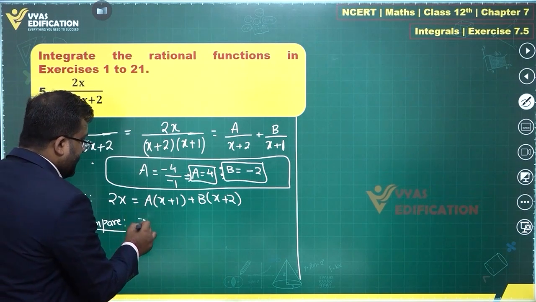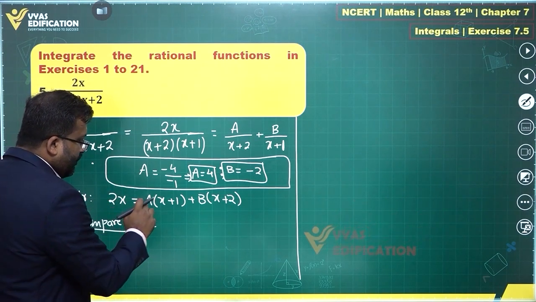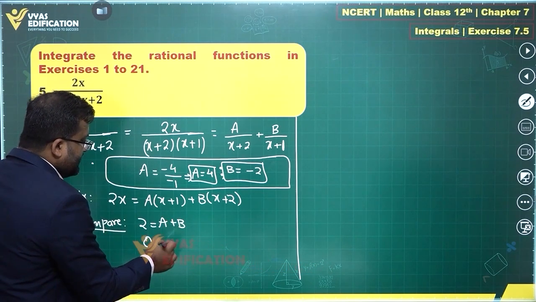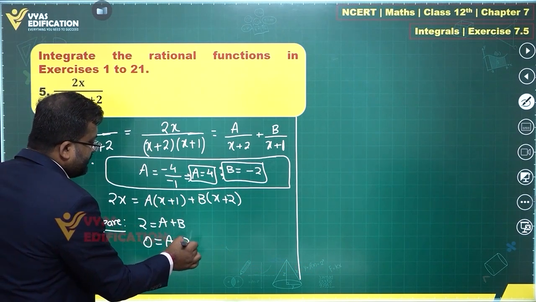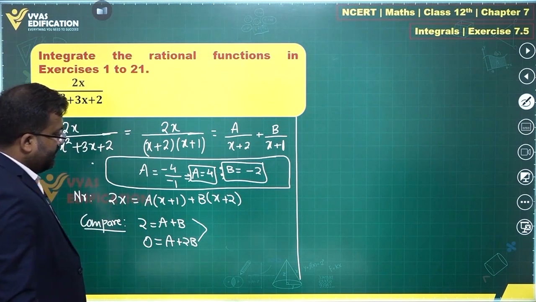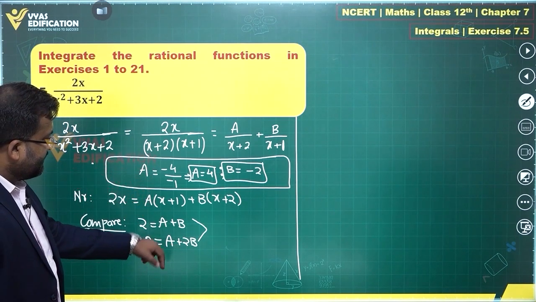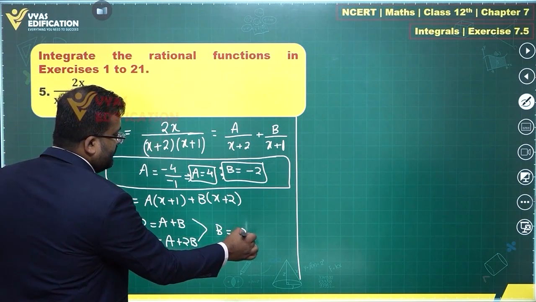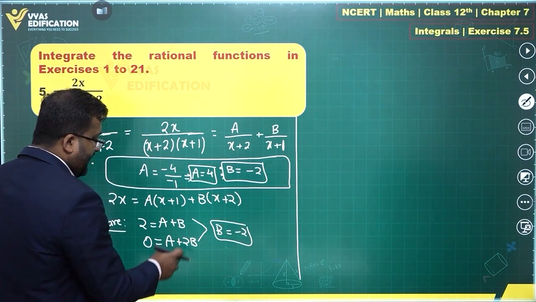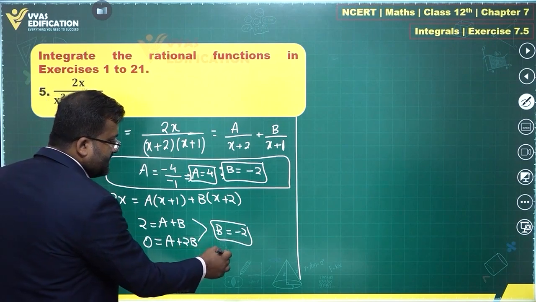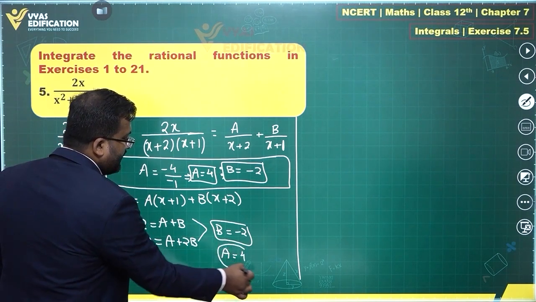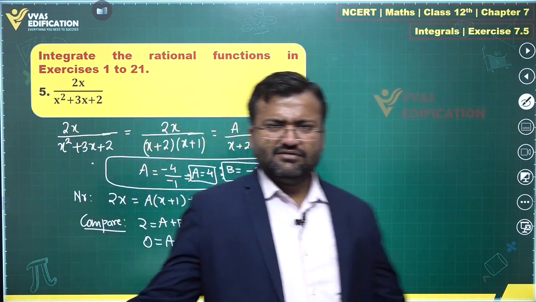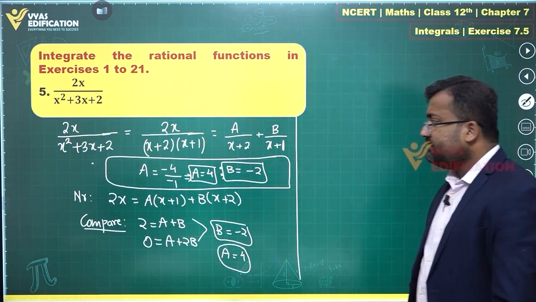So the coefficient of x on the left will be 2, and on the right hand side it will be a plus b. On the left hand side the constant term is 0, on the right hand side the constant term is a plus 2b. Using these two, do you get the values of a and b? Yes. Subtracting will give me the value of b directly. b is equal to 0 minus 2, which is minus 2, and a therefore is equal to minus 2b, which is 4. a equals 4, b equals minus 2. That's what we found, and that's the same thing.